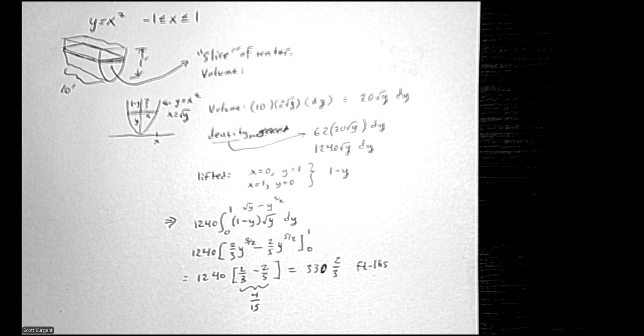If you're dealing with metric, you do have to include the 9.8. If they give you the weight of the water in non-metric, you wouldn't have gravity; that's already taken into account. But what are the units of that weight? If it's just kilograms, that's not a weight. Kilograms is a mass.